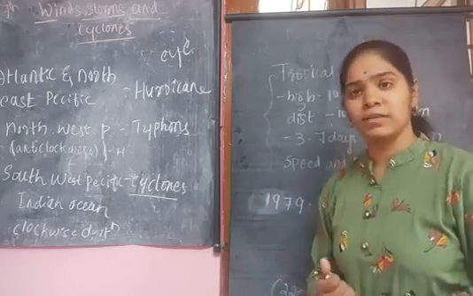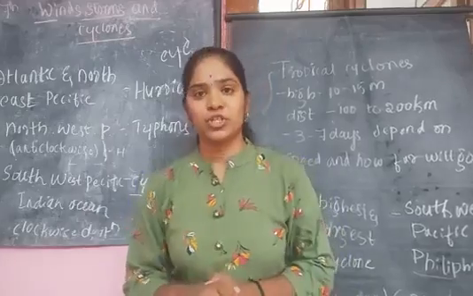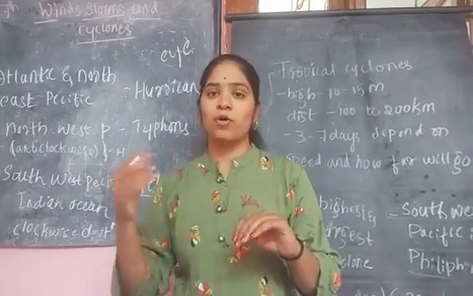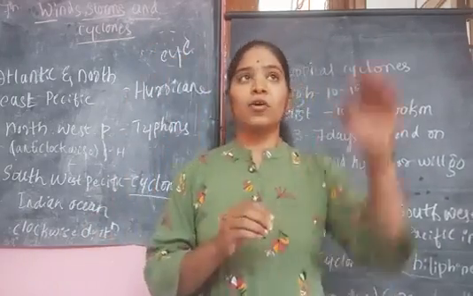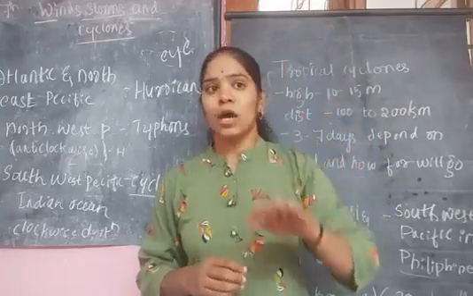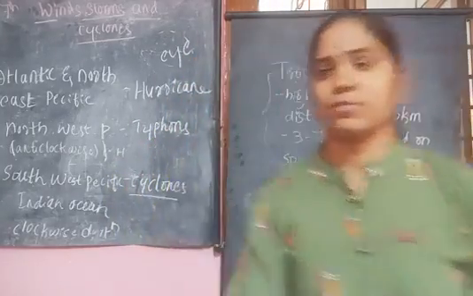The main reason is that when there is a low atmospheric pressure in a water body, the warmer air from the water body moves upwards and the colder air in the atmosphere comes down, moving towards the ocean.